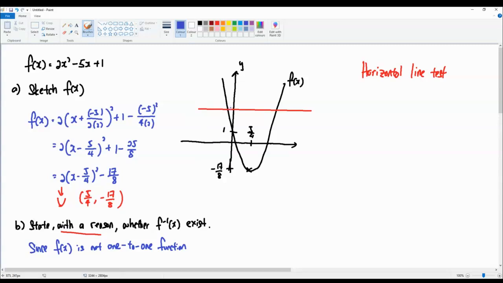As you can see, we have 2 intersections. As you move the line up and down, the intersection is always more than once. So it is not 1 to 1 function. If it is not a 1 to 1 function, then the f inverse does not exist.